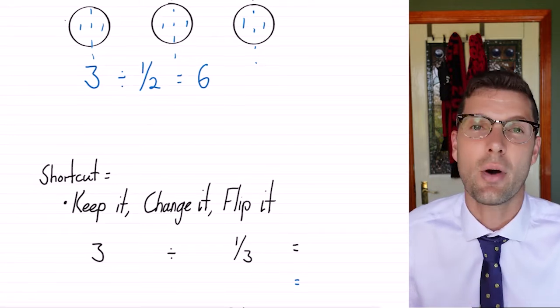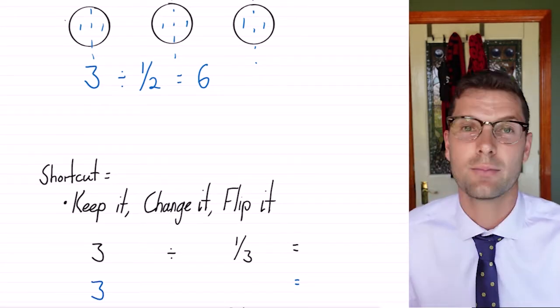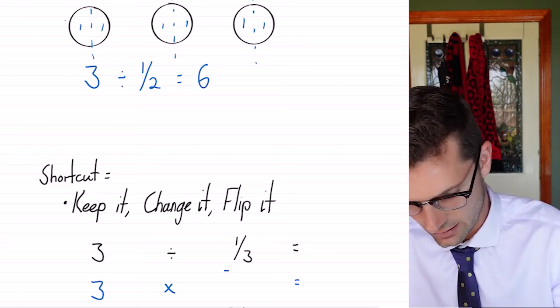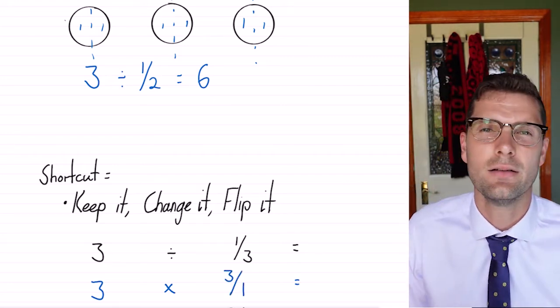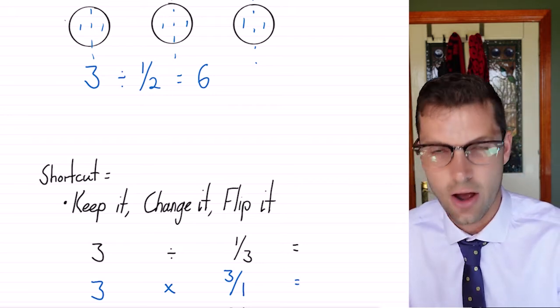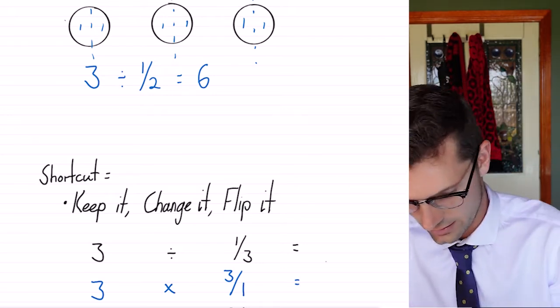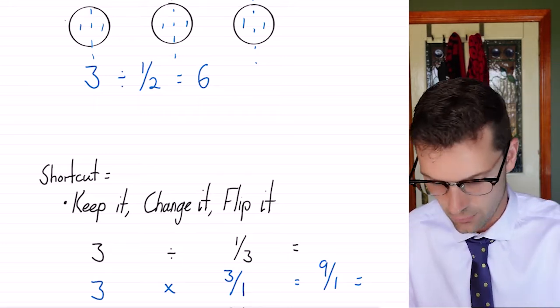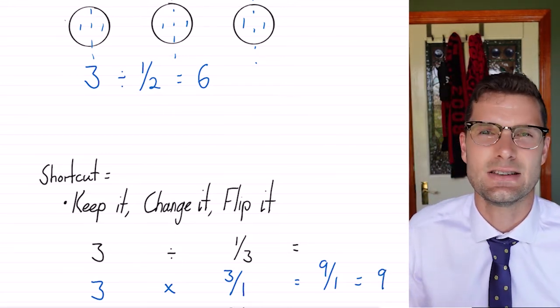So 3 divided by a third would become 3, because we keep that, times, because we change that, 3 over 1, because we flip it. 3 times 3 over 1 is 9 over 1. Anything over 1 is just itself, so that answer is 9.